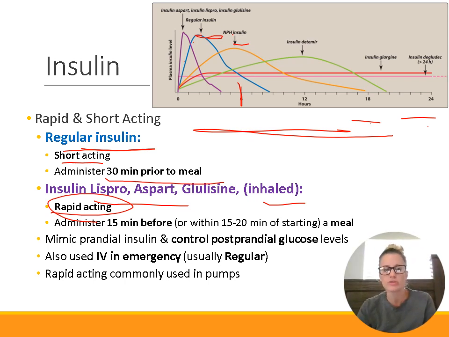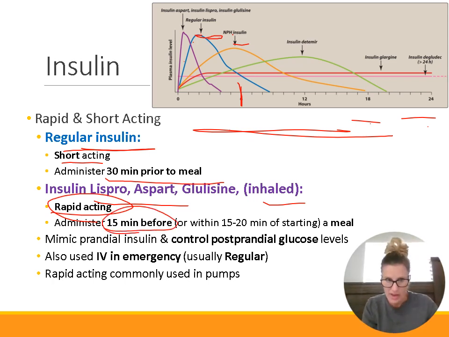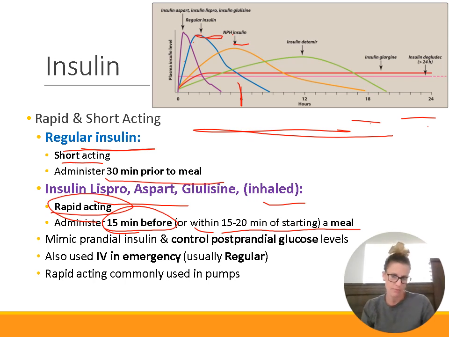The rapid acting insulin, like insulin lispro, the common one, is generally administered 15 minutes before a meal or within 15 to 20 minutes after starting a meal. So there's some variability there.